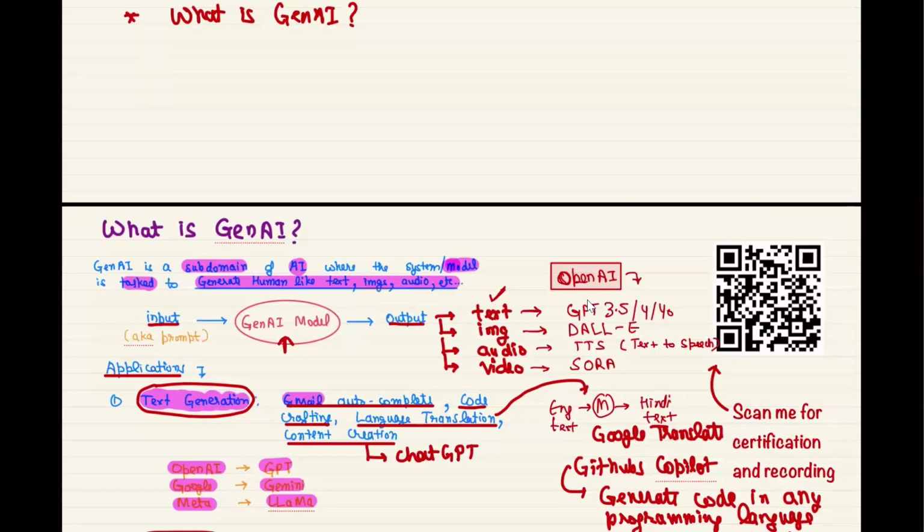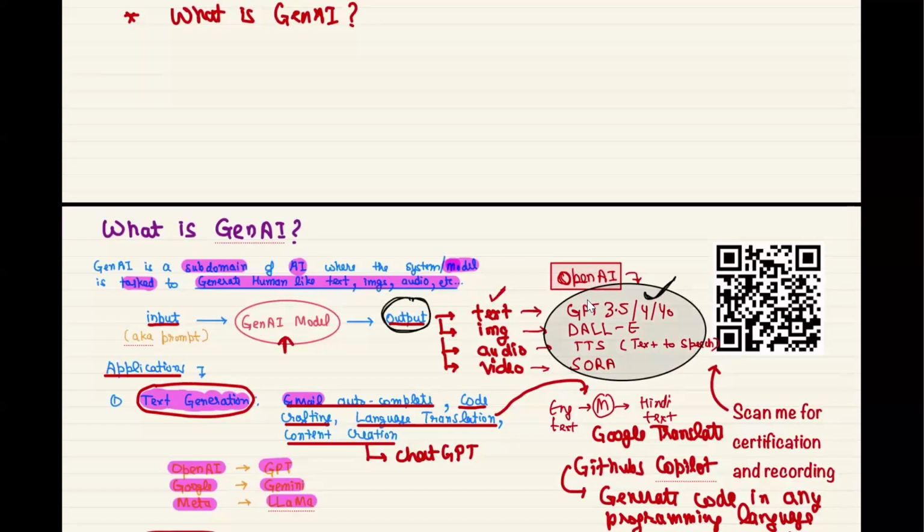All right, so now let me ask you one question. If you try to observe any of these models, there are models for various different scenarios. Let's say you want text output: you can use models like GPT-3.5, GPT-4, GPT-4o.